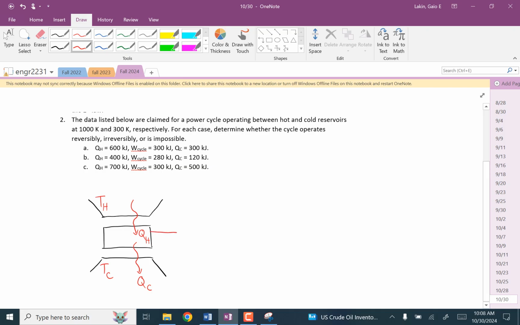And then we have work being produced. If you think about the first law, this is a cycle, so over a cycle there's no change in energy for the system. The stuff going in and out has to balance. That means QH has to be equal to W plus QC.